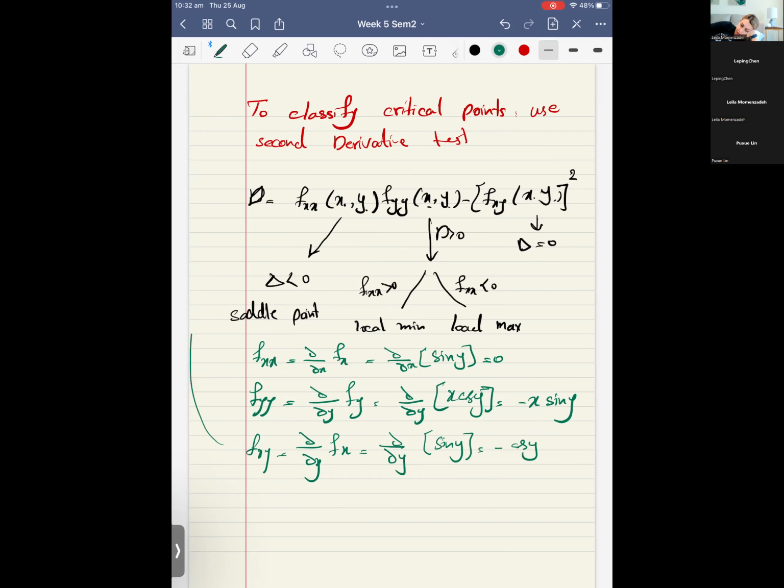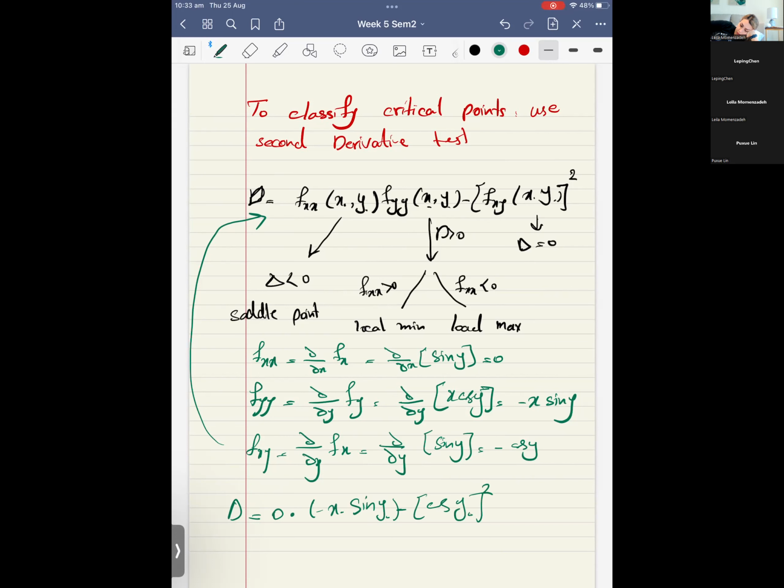Now back here, I use this equation: delta equals 0 times minus x0 sine y0 minus cosine y0 to the power 2.